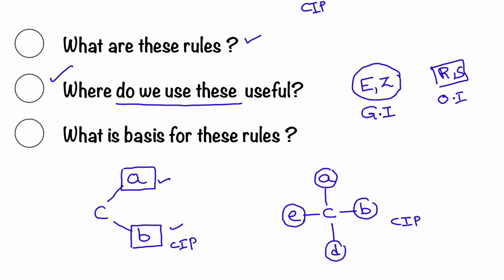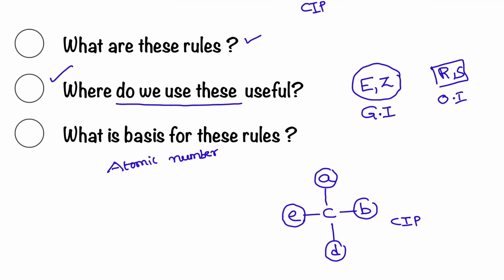What is the basis for these rules? These rules are based on atomic number. Only in case of isotopes, since they have the same atomic number, we consider mass number.